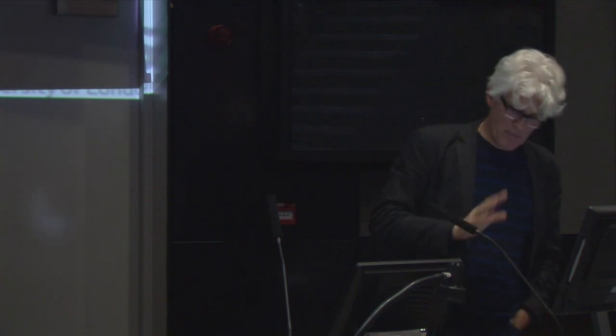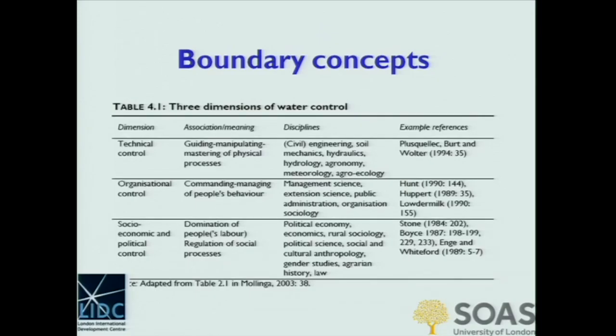Now, boundary concepts are those concepts that allow us to capture the multidimensionality of something in one concept, rather than having separate concepts. This is my own for water control. The act of water management, of water control, is simultaneously technical, organizational, and socio-economic. Can we develop a concept that captures all these 3? That's been my work of the past 20 years, to try and develop that.